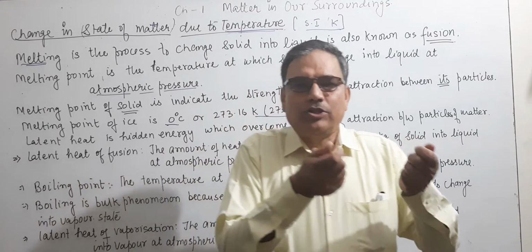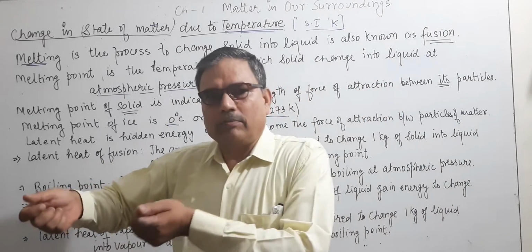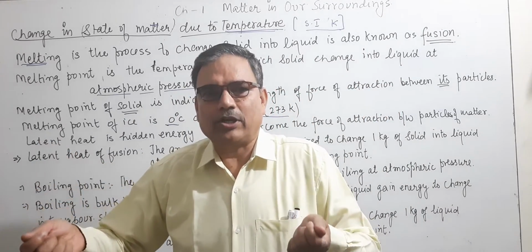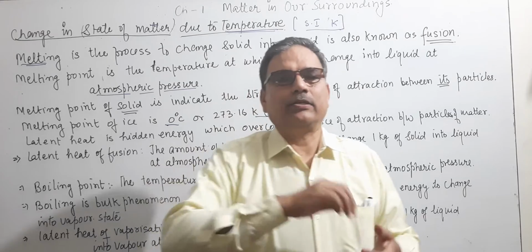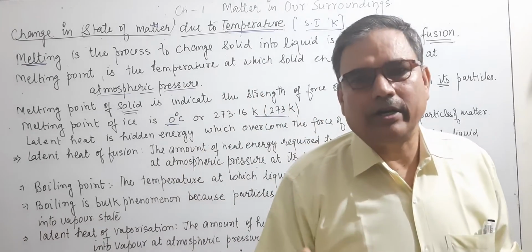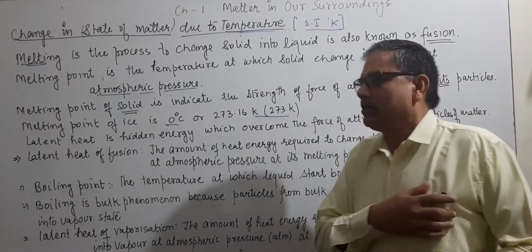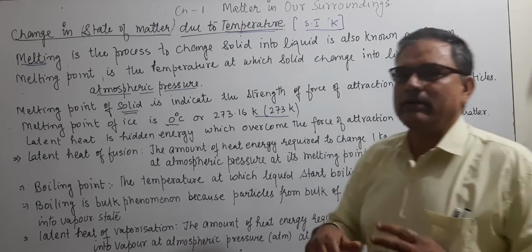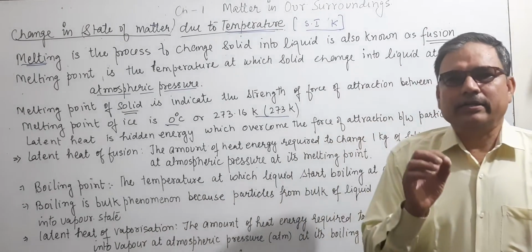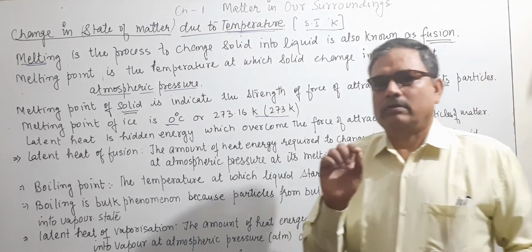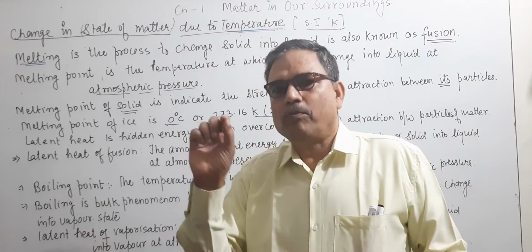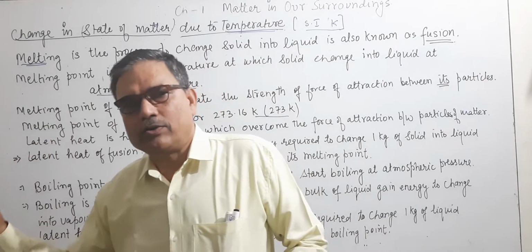It means steam and water both have the same temperature, which is 100 degrees Celsius, and we can convert it into Kelvin, that will be 373 Kelvin. At 100 degrees Celsius water will boil and be converted into steam.